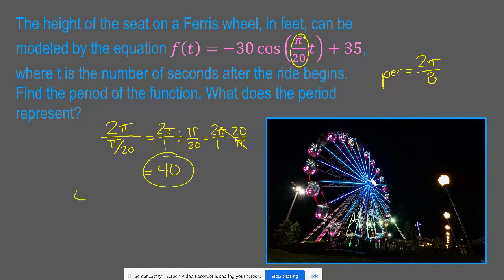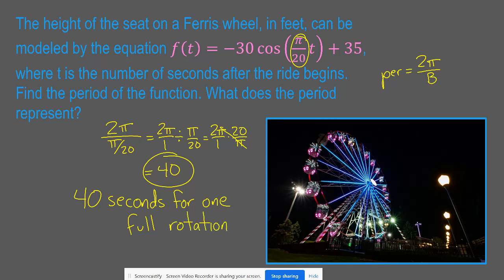So it's 40 seconds for one full rotation of that Ferris wheel, or one full cycle. So that Ferris wheel in 40 seconds, you will go, say, from the bottom all the way to the top and then back around to the bottom. So it's a 40-second period to run its full course.